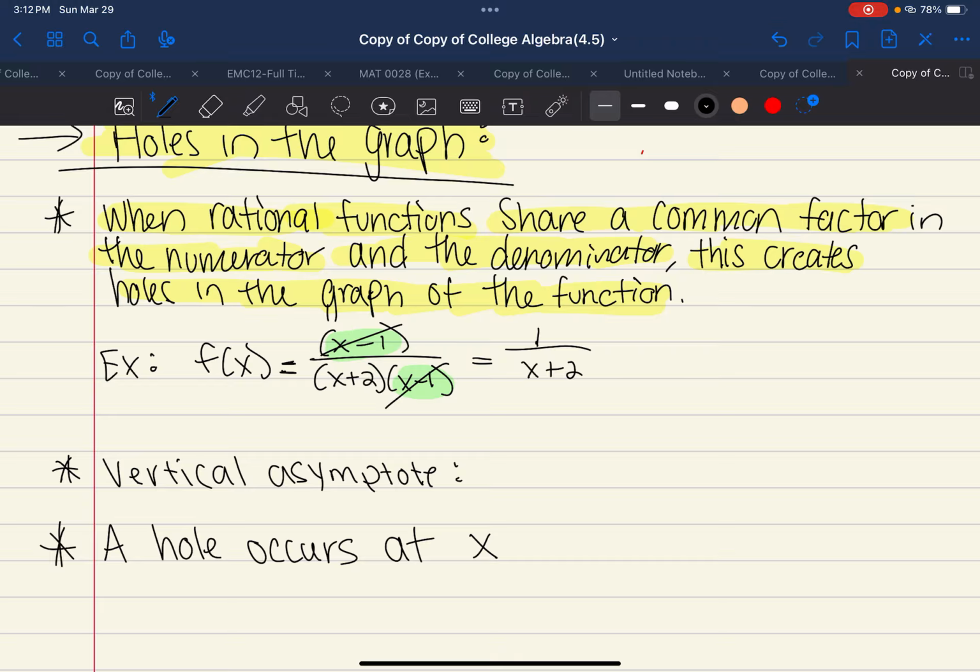And that would leave me with 1 on top because I'm technically dividing the top by x minus 1 and the bottom by x minus 1. And they just divide into each other and leaves me with 1 on top. And that leaves me with x plus 2. Okay?